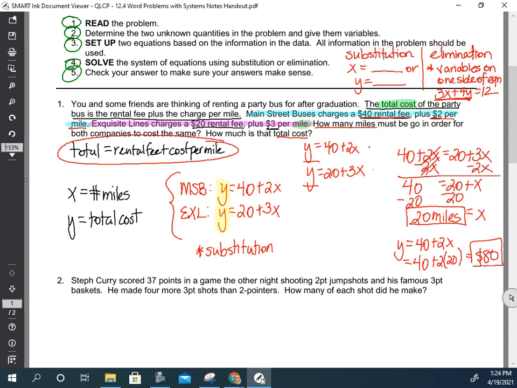I just set it up that way because that's how they worded it in the problem. If you did 40 plus 2x equals y, it wouldn't make a difference. Any other questions? We'll go to example 2.